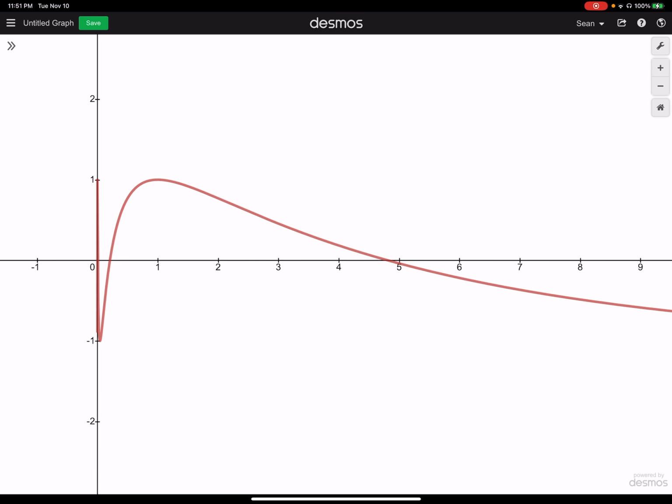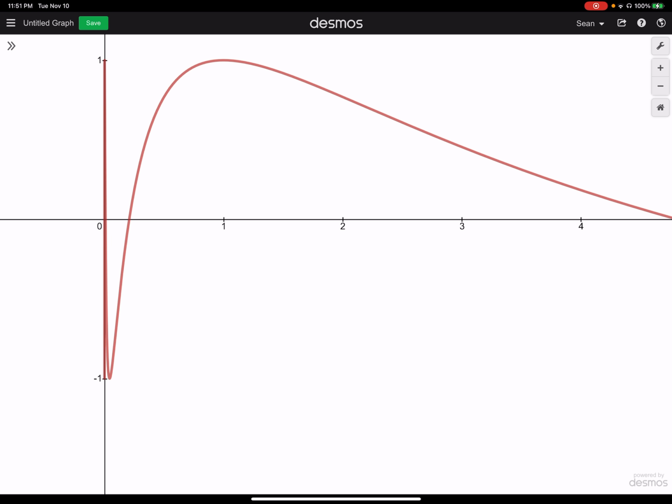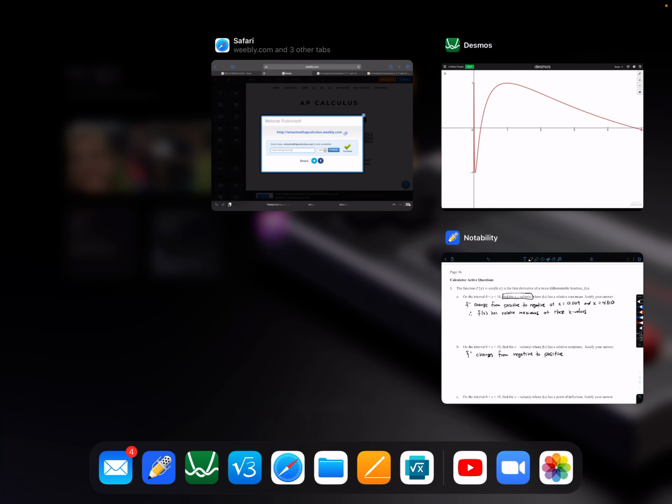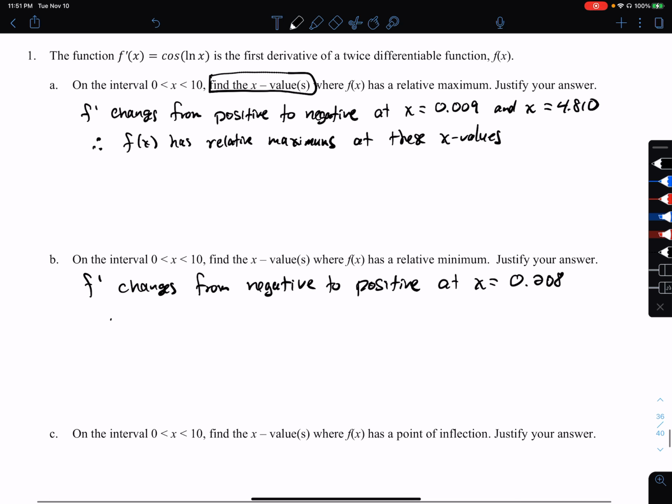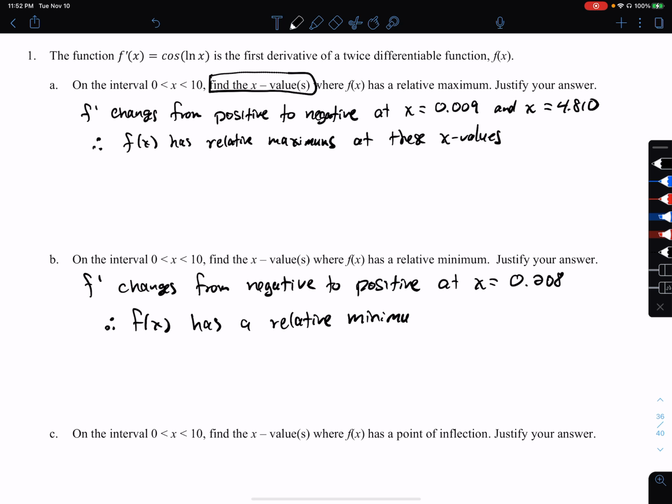And it happens no place else from 0 to 10, from negative to positive. So let's go back. Changes from negative to positive, that was at 0.208. So the conclusion, f of x has relative minimum at this x value.